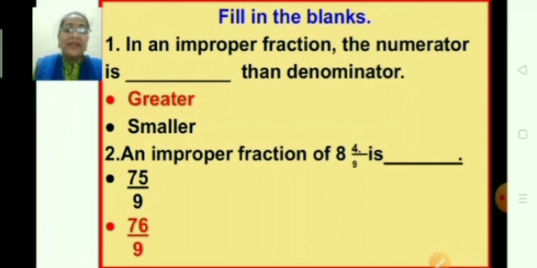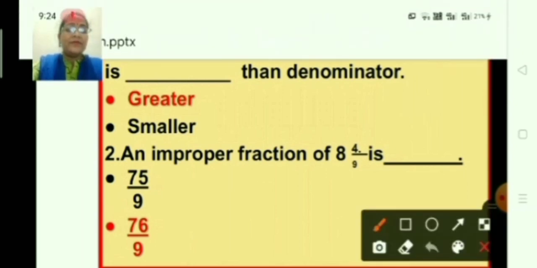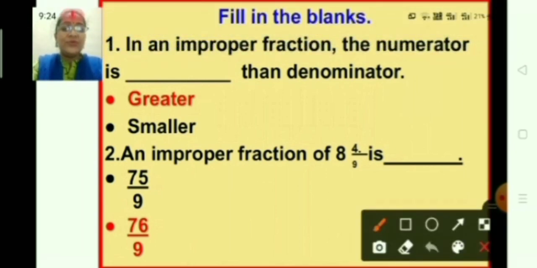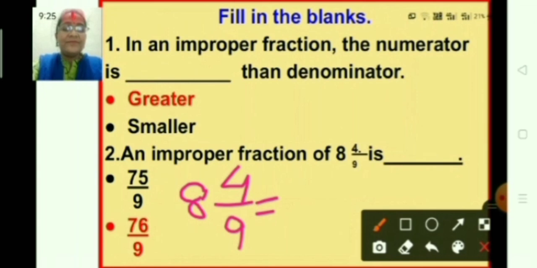Next, an improper fraction 8 by 4 is dash. So out of these two options you have to select the correct answer. For this you need to solve this sum. Here, see how I am showing you. 8 4 by 9. To solve this sum, this is a mixed fraction, and this mixed fraction you have to convert into an improper fraction.